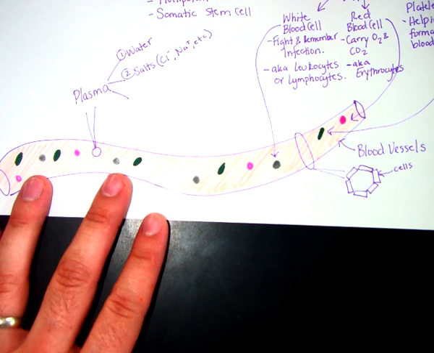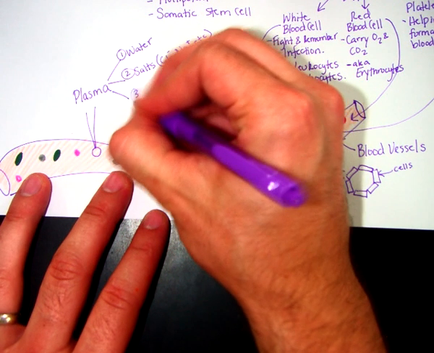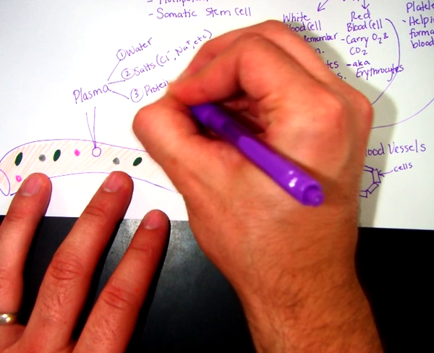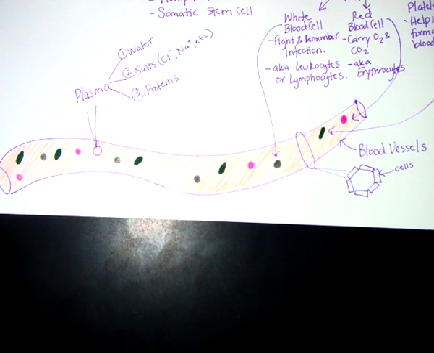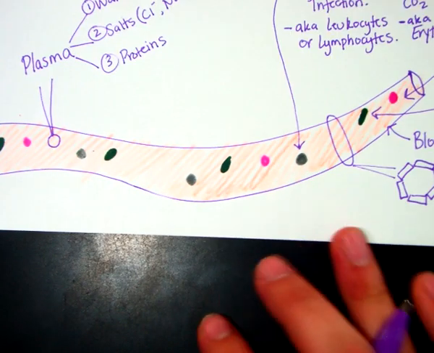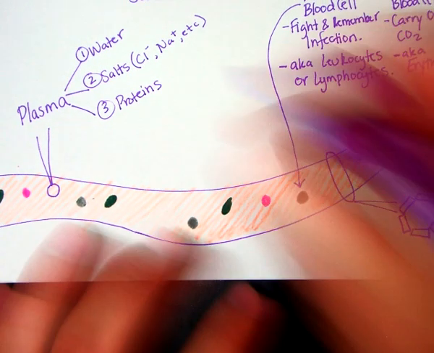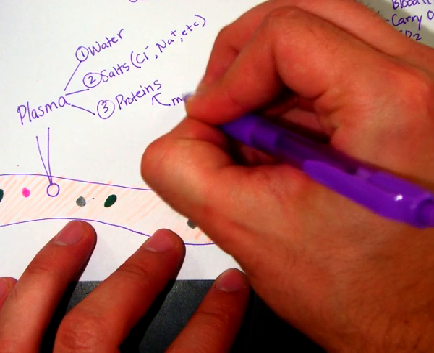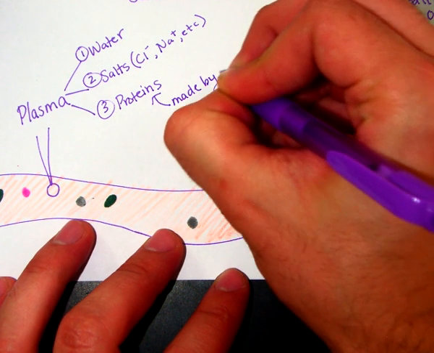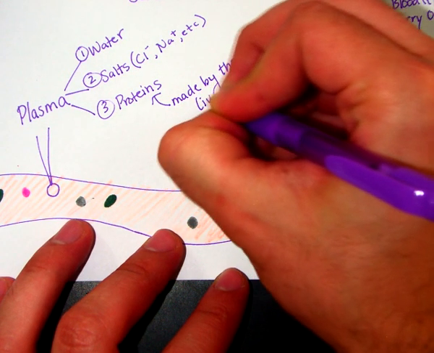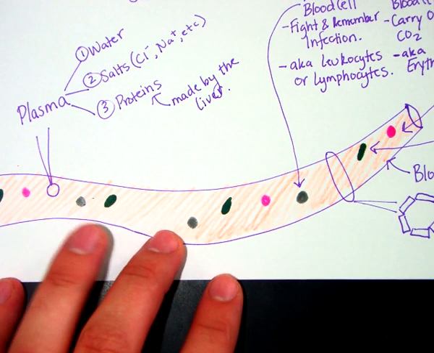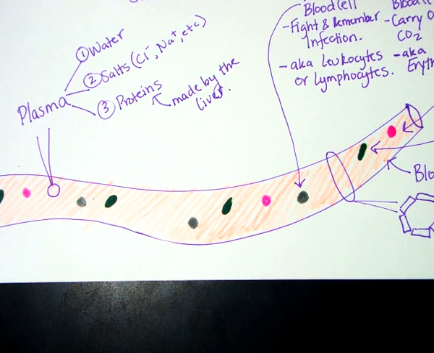And lastly, there are proteins, like antibodies, that float around in our blood. A lot of these proteins are made by the liver. So you have the bone marrow contributing to the blood, you have the liver contributing to the blood. And blood is this mixture of plasma and cells.